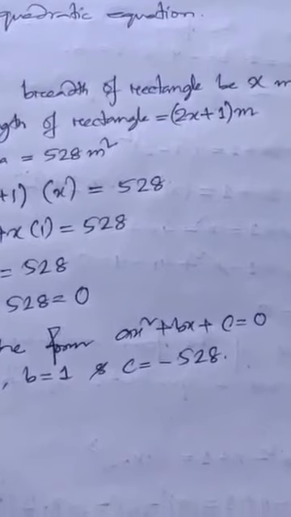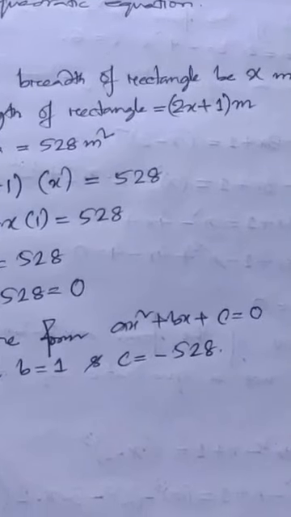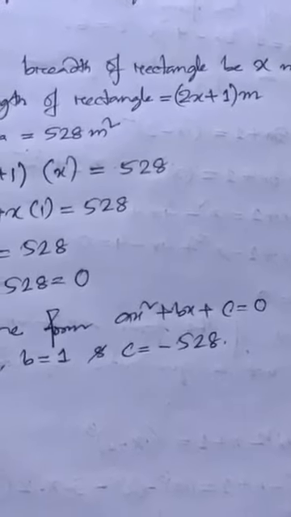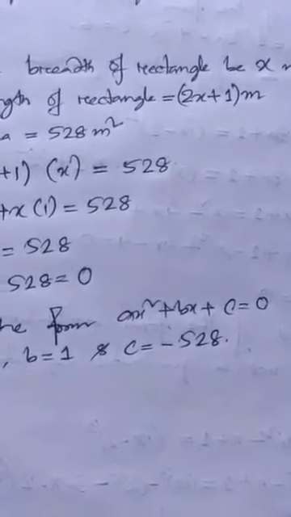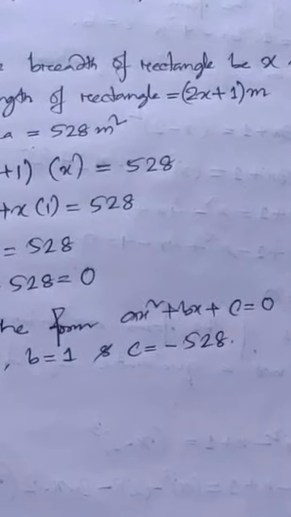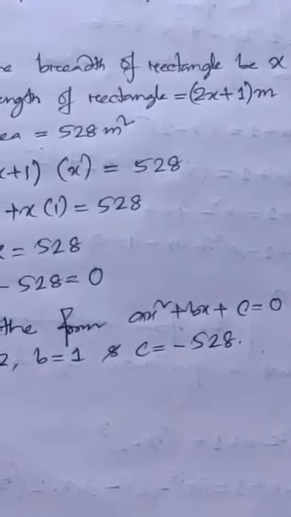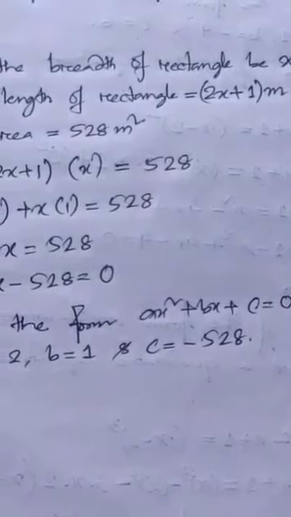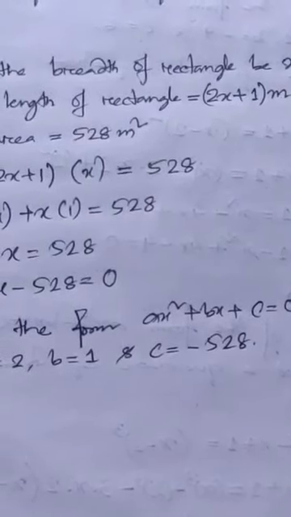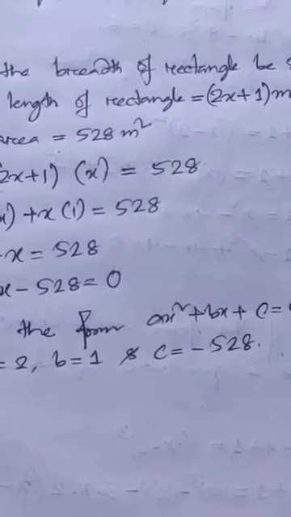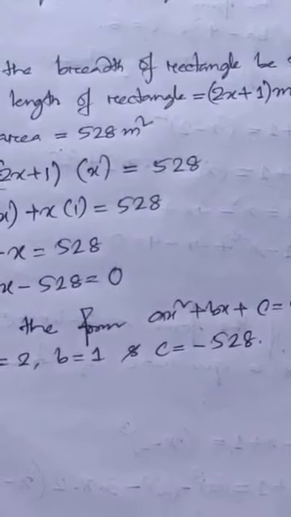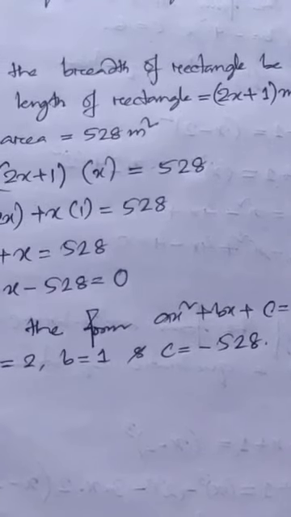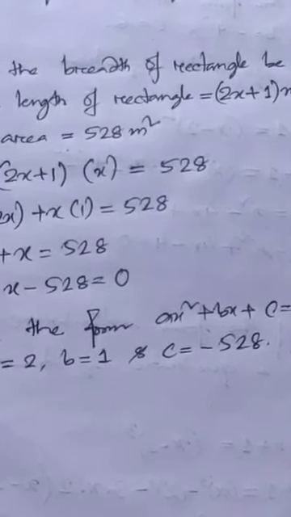Why 2x plus 1 meter? Because recall they were saying length is 1 meter more, and we know whenever we're talking about more, we can always add them. And here with x, why are we giving 2? That's simply because if you have a look at the question again, you will see that length is 1 meter more than twice the breadth.